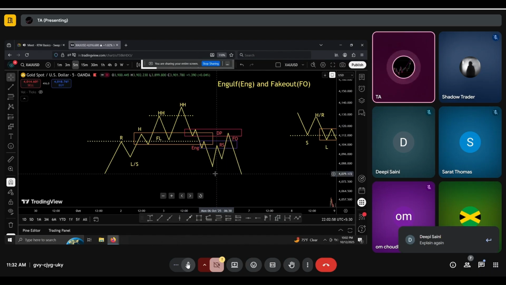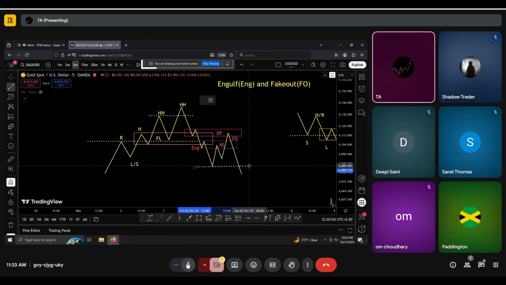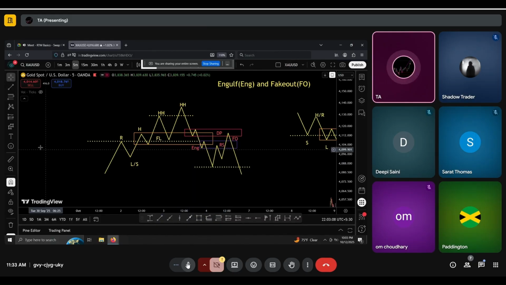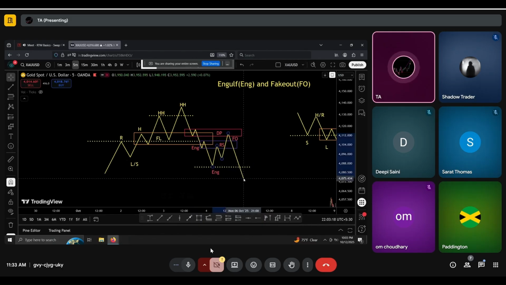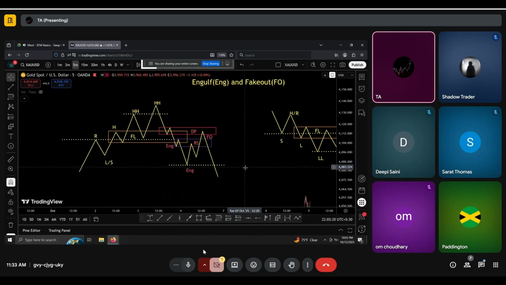When it comes down, what happens here? This engulfs this level, right? Engulfing this level or not? Engulf. Yes. This is engulf again. When price crosses this level to the downside, this is engulf again.